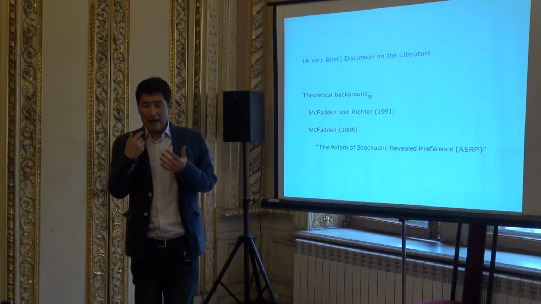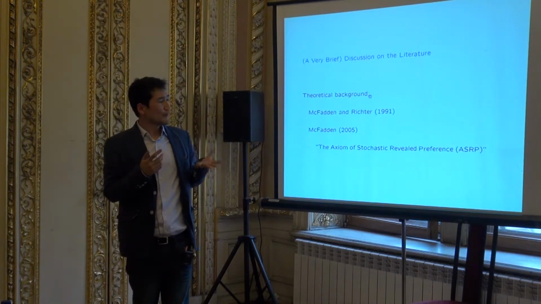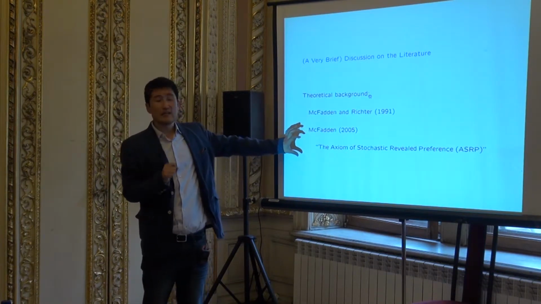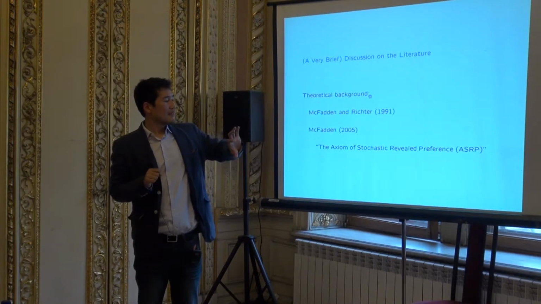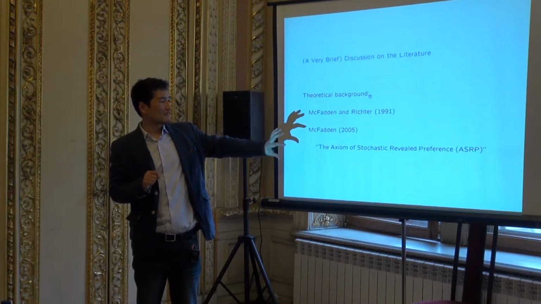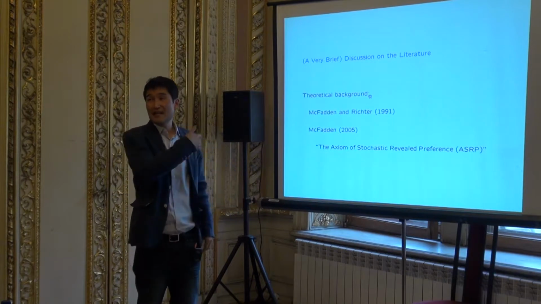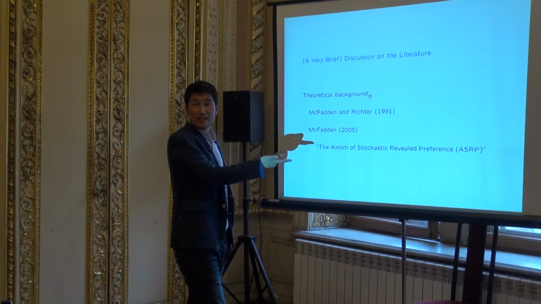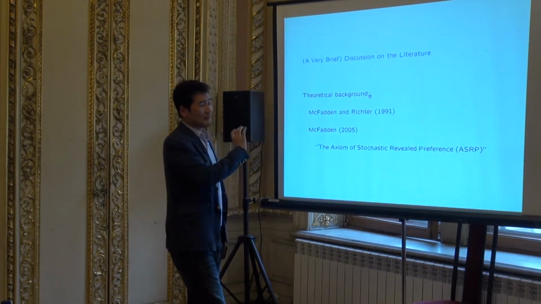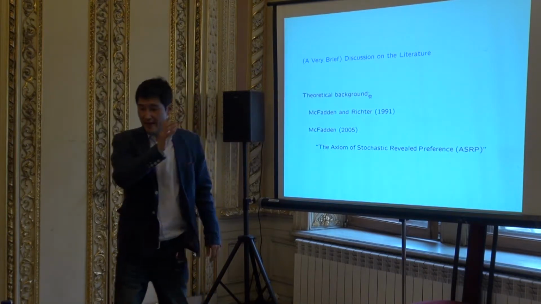What Yoke and I want to do here is first to test the axiom of stochastic revealed preference, though sometimes I say stochastic rationality, or something else, but it also refers to this.